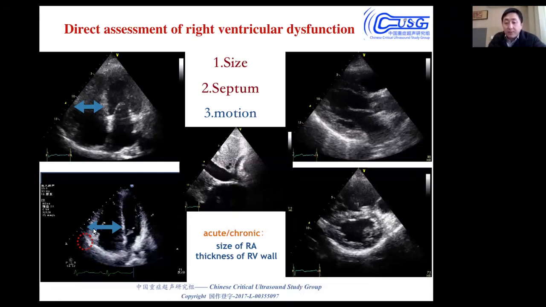That may be helpful for us to judge if the patient has acute or chronic dysfunction of the right ventricle.